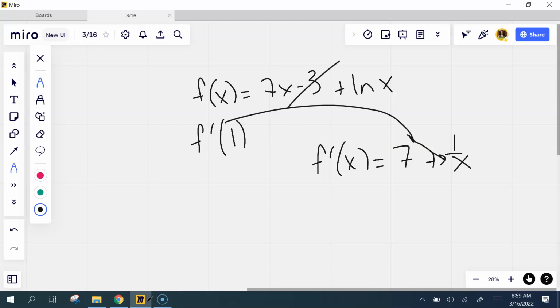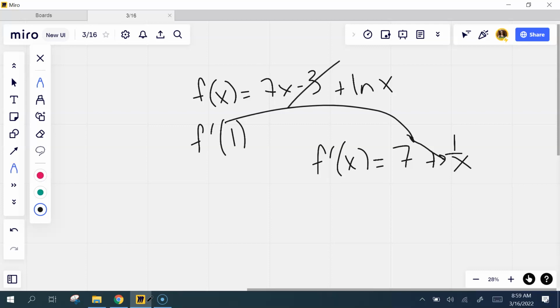Number 5. I told you, you're going to look at some of these and go, oh my gosh, what in the world was I thinking? The function f is shown above. Which of the following statements is false? I realized it was false.